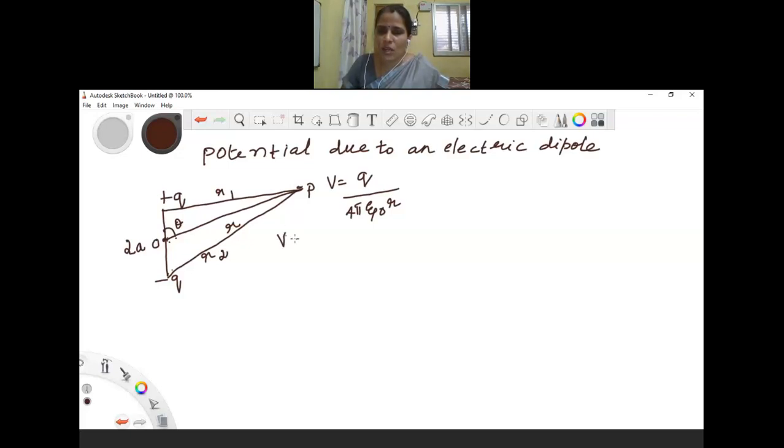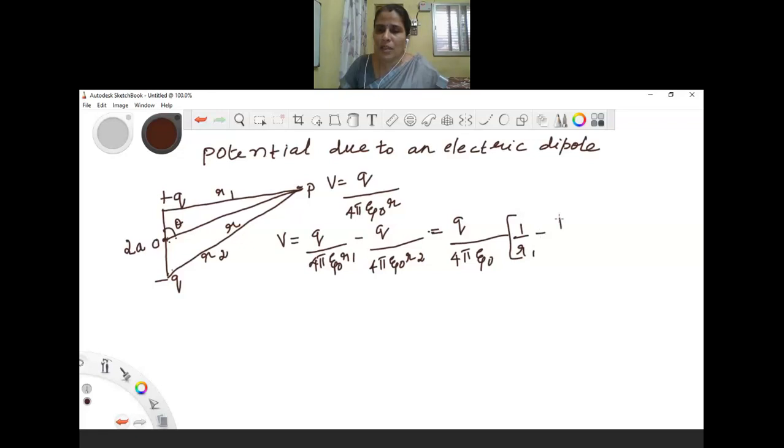The total potential due to a dipole can be written as Q divided by 4 pi epsilon naught R1, minus Q divided by 4 pi epsilon naught R2, because R1 and R2 are the distances of the two charges from the point P. Q is common, so Q divided by 4 pi epsilon naught times (1 by R1 minus 1 by R2).